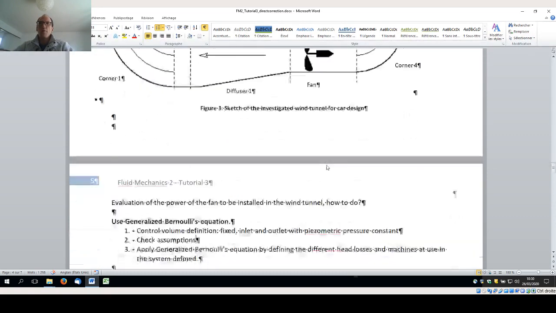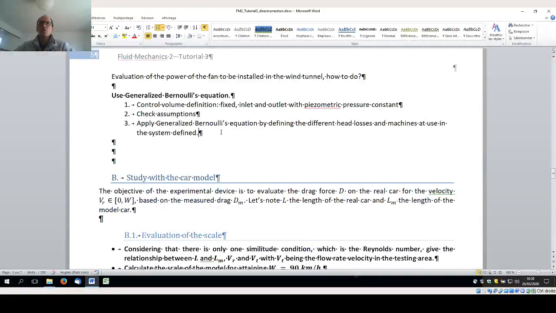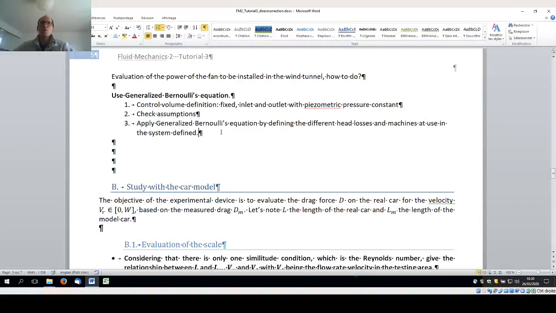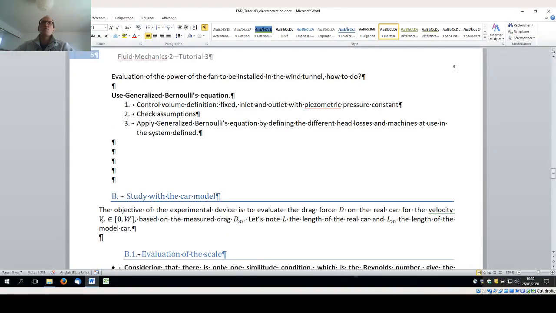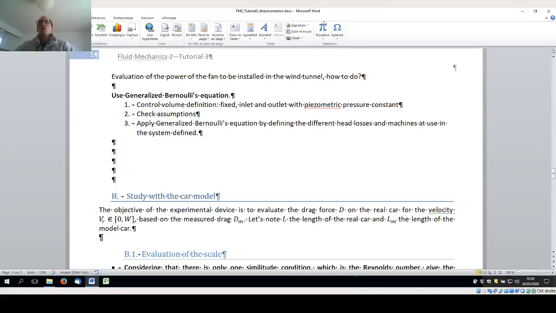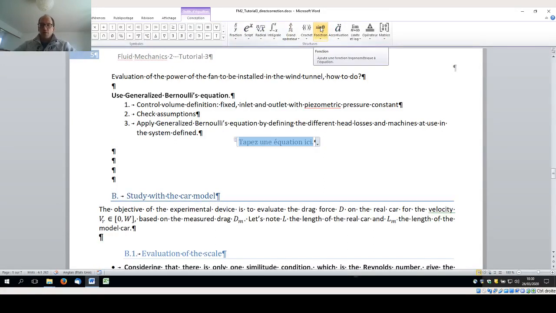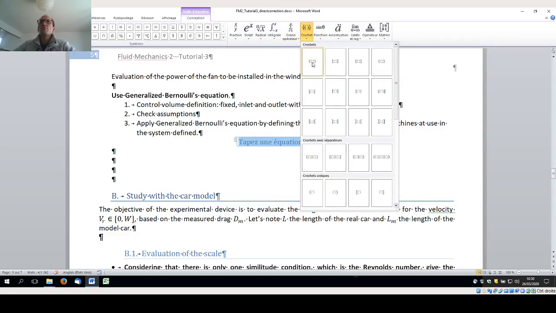If you remember the generalized Bernoulli equation, maybe I can just remind what this equation is. We start to write while you are thinking about how to do it.